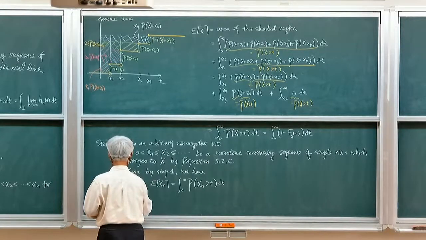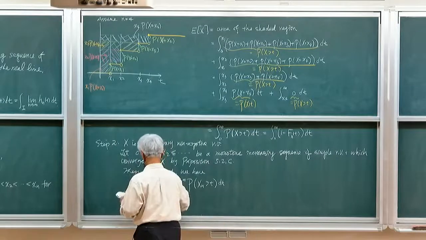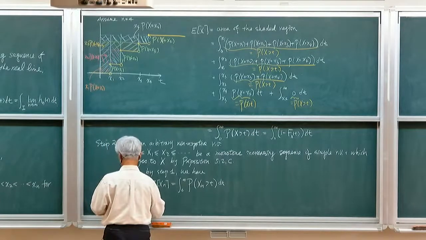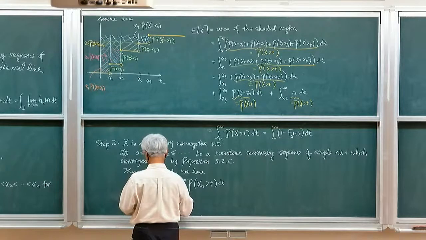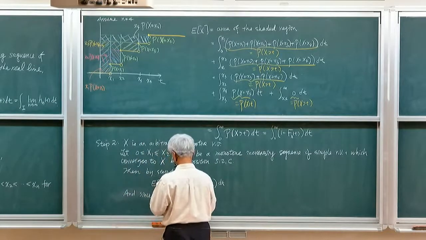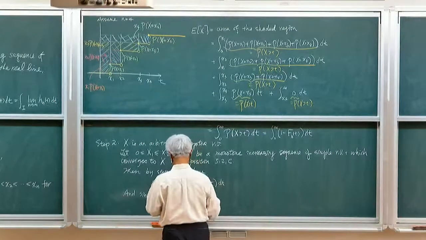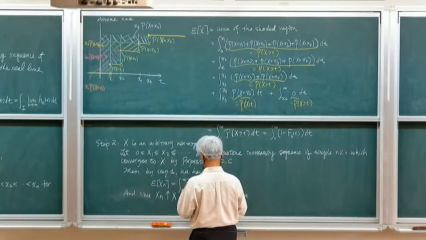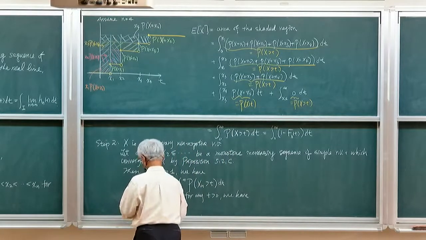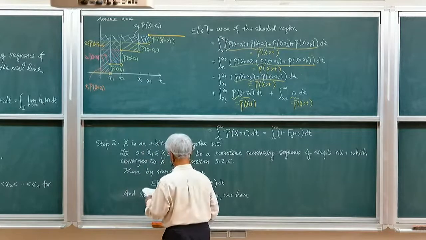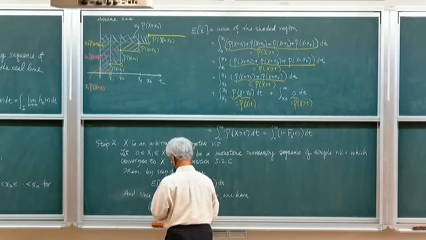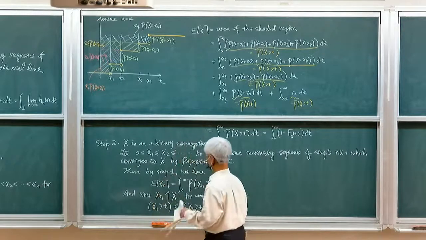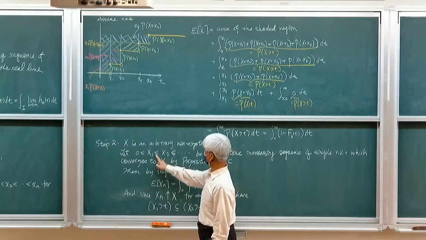And on the other hand, since Xn goes up to X, for any t greater than 0, we have that the event X1 greater than t is a sub-event of X2 greater than t, because X2 is greater than or equal to X1.